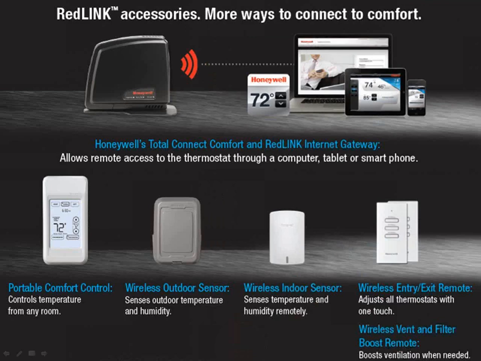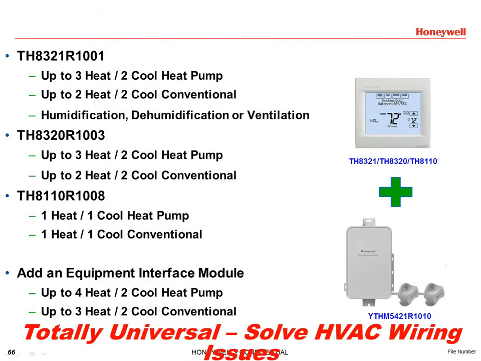And again, I keep going back to the accessories, but that's one of the best reasons to use these thermostats, because not only the reliability of the Redlink connection, but you've got a lot of other things you can use to solve problems and keep the person comfortable. So the Vision Pro Redlink thermostat comes in 3 different flavors.